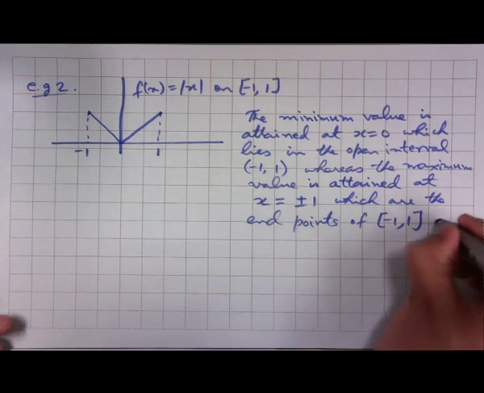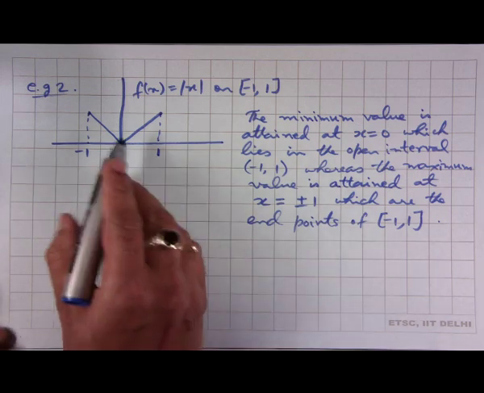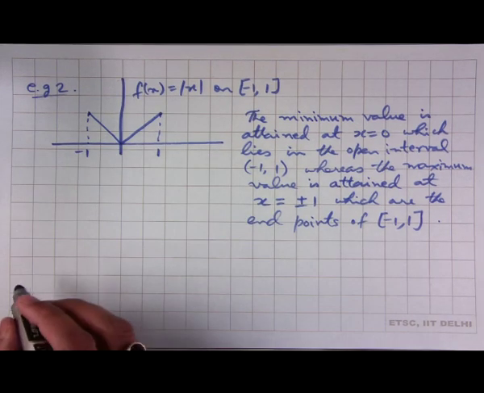So, it is possible that the minimum value or maximum value can be attained at the end point.